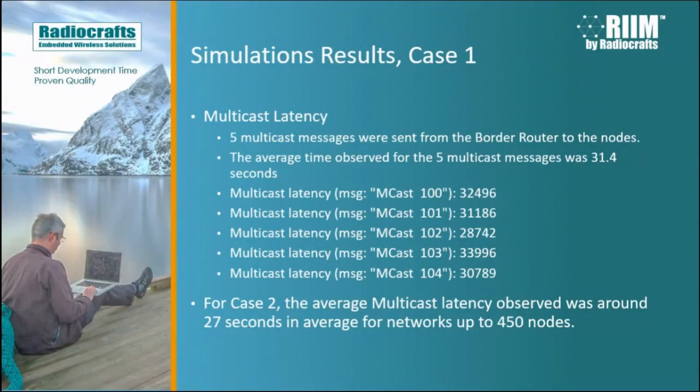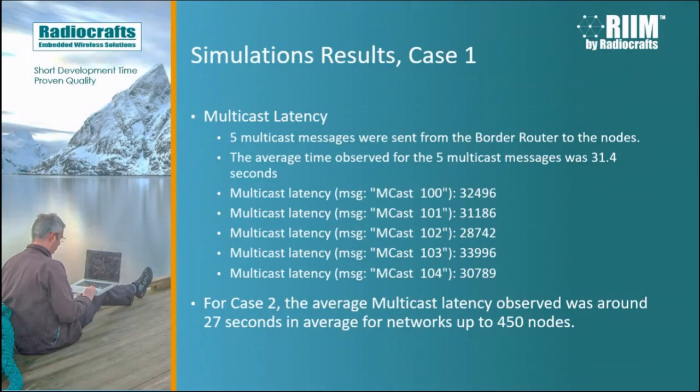The average time observed for the 5 messages was around 31.4 seconds. For case 2, the average multicast latency was around 27 seconds. So you might see that when you multiply the number of nodes by 4, or even more than 4, the latency actually decreases. Again, it doesn't scale up in that manner.